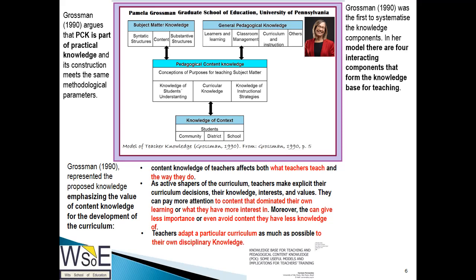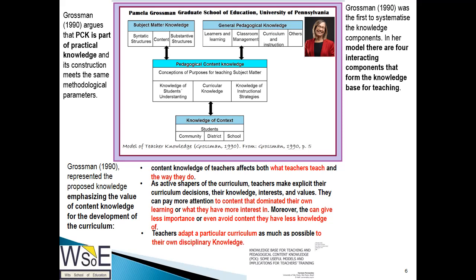Okay, now Grossman was the first person to systemize the knowledge components of the professional knowledge to form PCK. So in her model, there are 4 interacting components: subject matter knowledge, general pedagogical knowledge, knowledge of context, and pedagogical content knowledge.